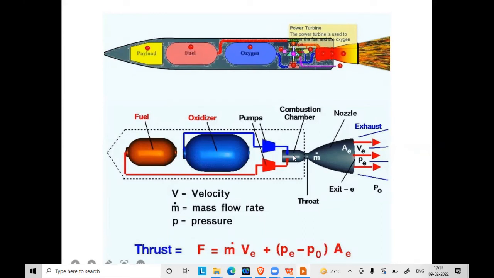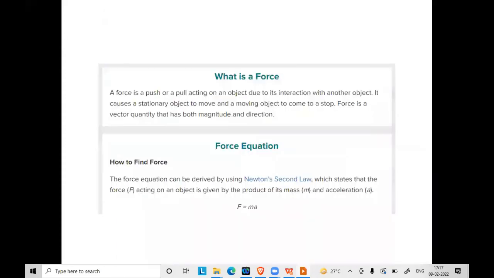Because of this combustion, you are having the exhaust of gases, and these exhaust gases are providing thrust to the rocket. This is the basic principle behind the rocket and generating a thrust. And that thrust helps us to carry the spacecraft from ground to a desired orbit, or even an interplanetary space mission.